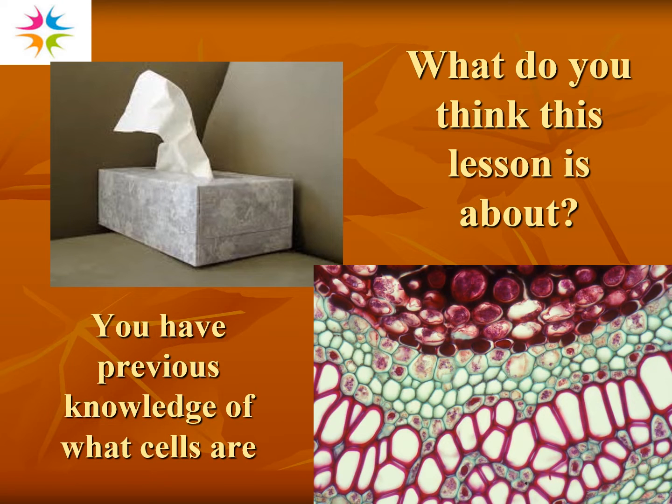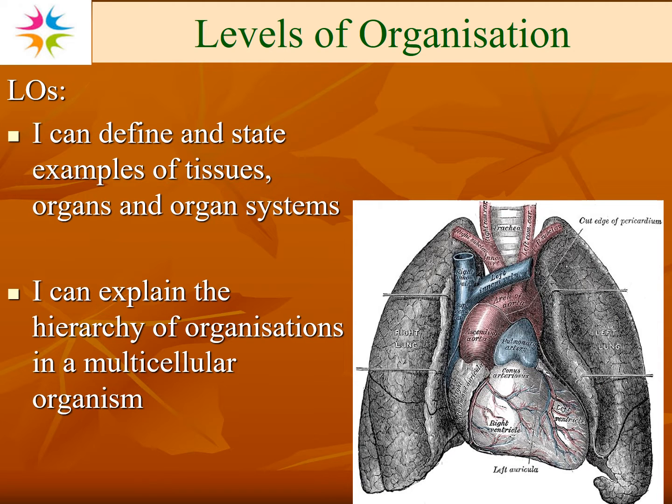So you've got a box of tissues in the top left corner, and you've got what looks like cells, if you can remember plant and animal cells that you did before half term. Now, the lesson outcomes is that you should be able to define and state examples of tissues, organs, and organ systems, and explain their hierarchy or the order of organizations in a multicellular organism.